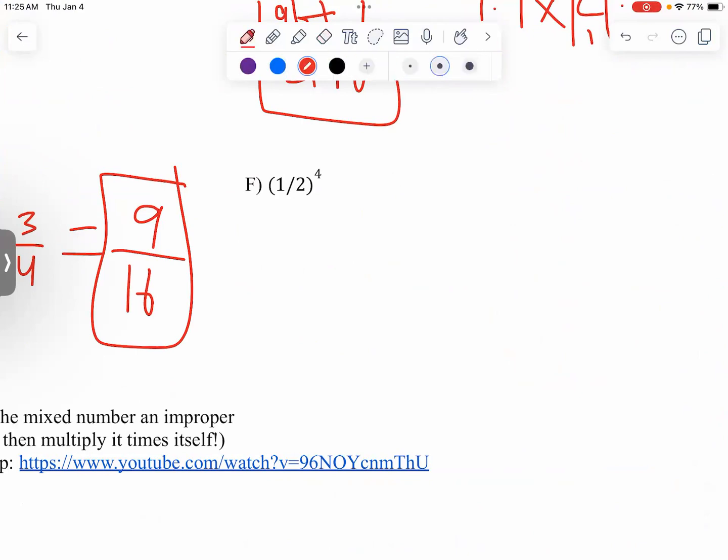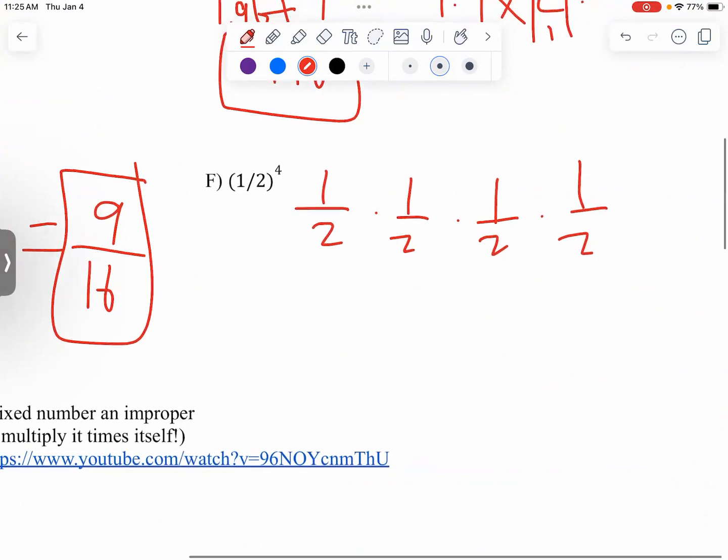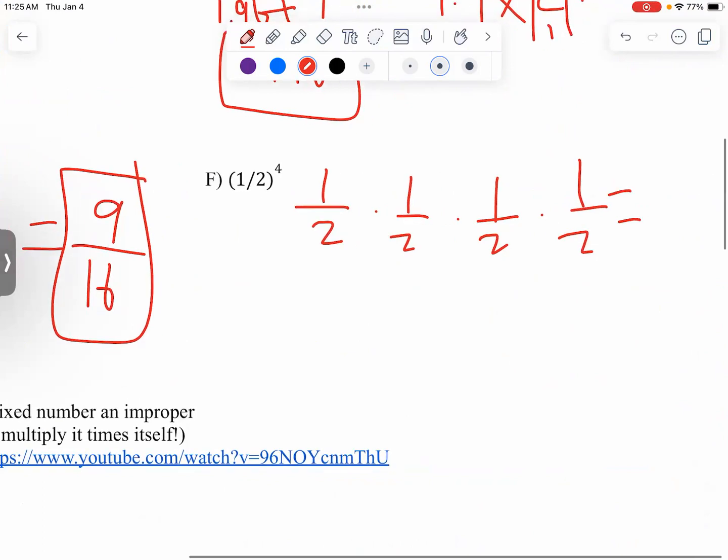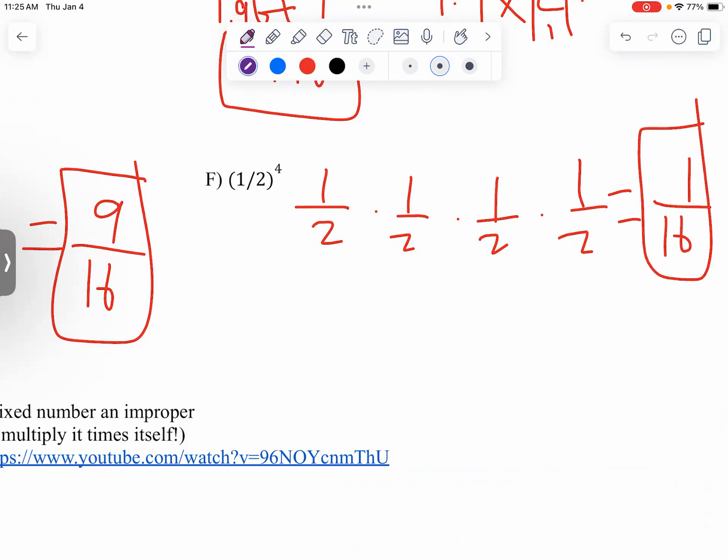Okay, 1/2 to the 4th power, and you can multiply more than two numbers at a time. You can do it two at a time if you want to, but you don't have to. So 1 times 1 times 1 times 1, 1. 2 times 2 is 4, times 2 is 8, times 2 is 16. Okay, if you feel more comfortable with it like this, that would be fine too.